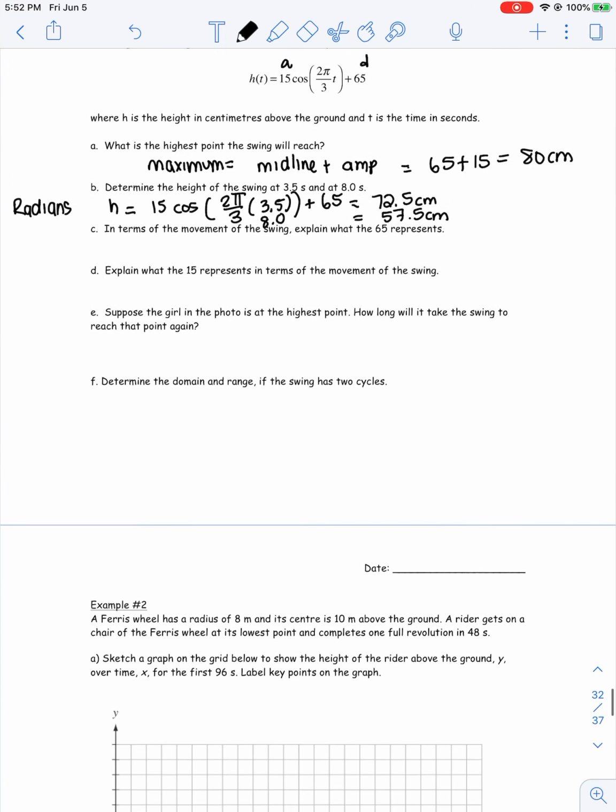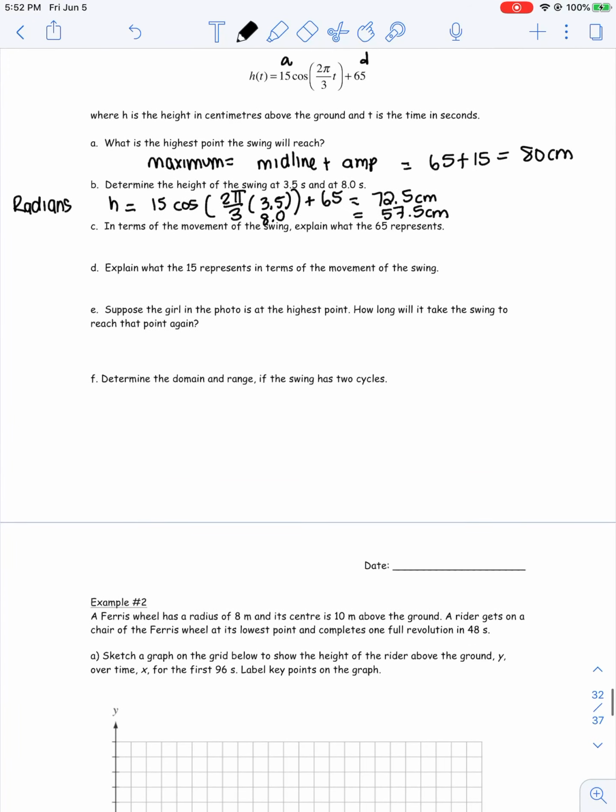So they're saying in terms of the movement of the swing, determine or explain what 65 represents. 65 represents your average height above the ground. And 15 represents the amplitude, which is the radius of this swing.